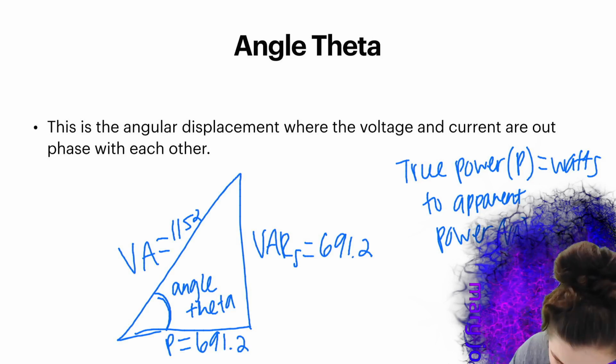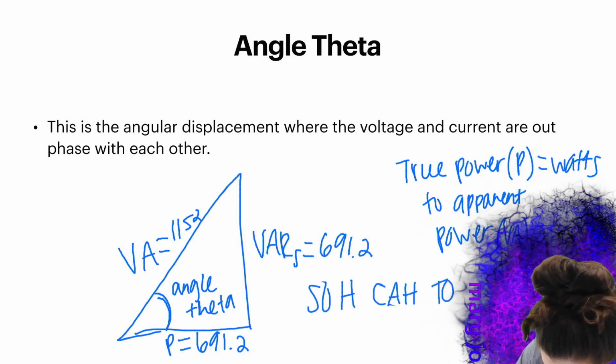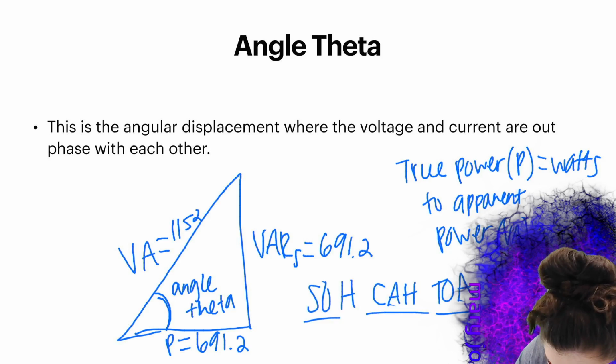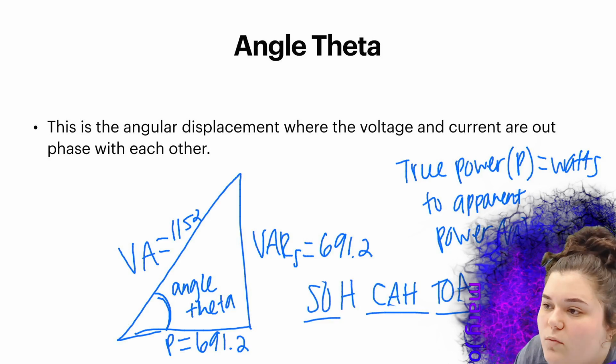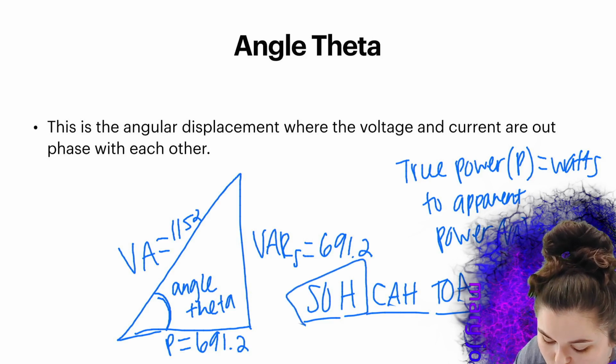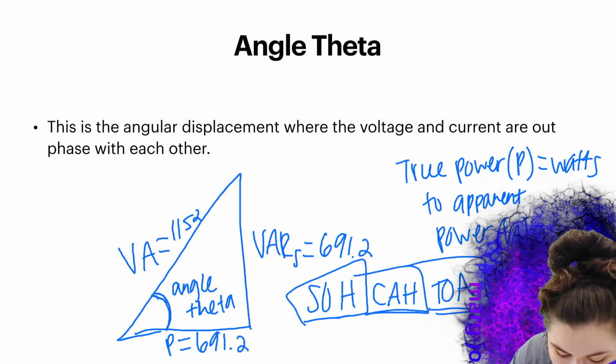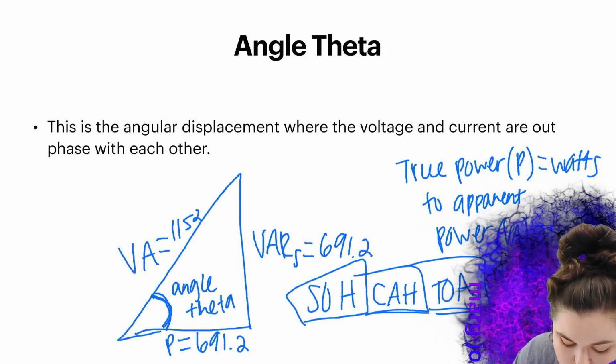I don't know if you remember SOHCAHTOA, but you can use this to work on your triangles. I'm not going to work that one out, because you can Google how to use SOHCAHTOA. But when you're trying to find angle theta, you can use SOHCAHTOA in order to find that.